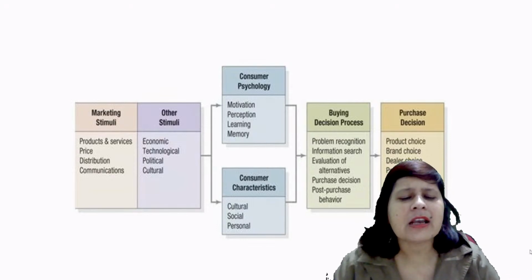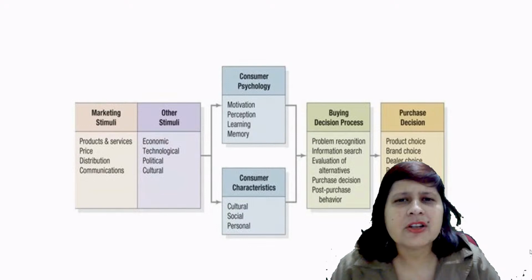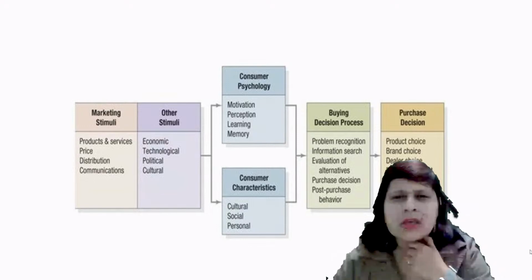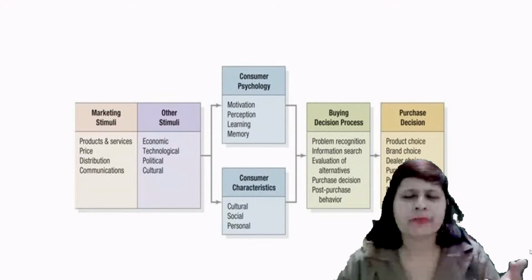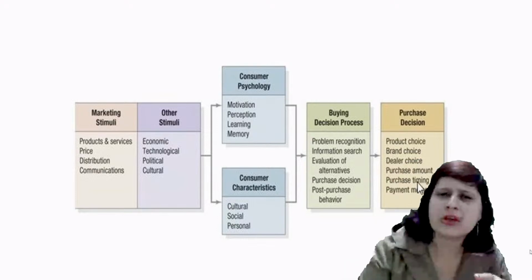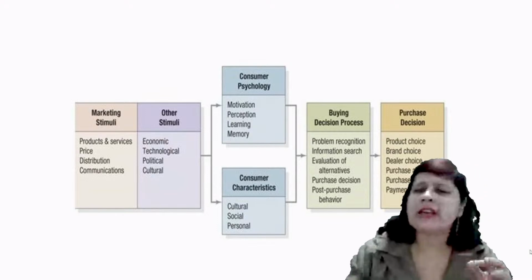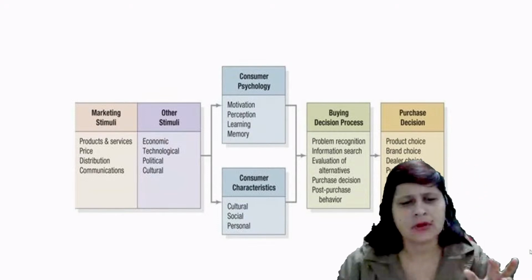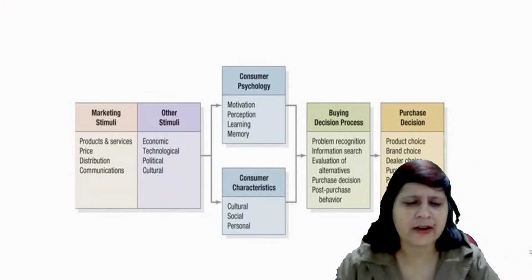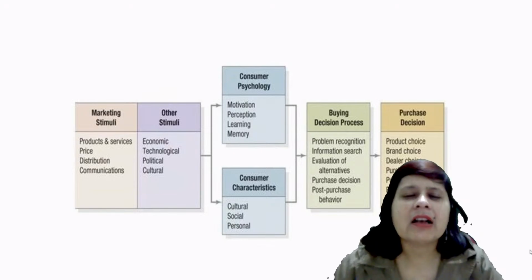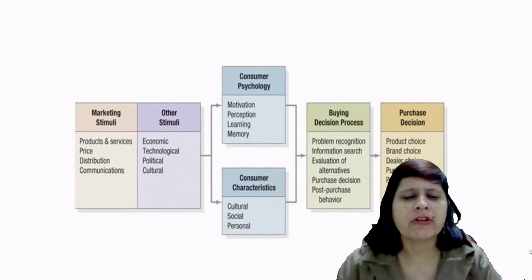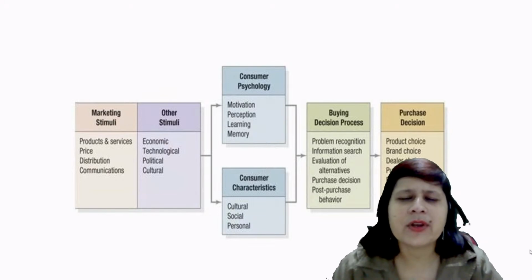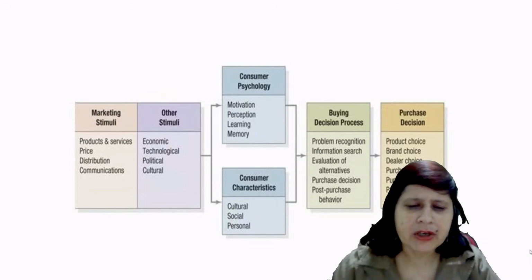Then technology plays an important role. Because of some technical advancement, you changed your product according to the technology. It can stimulate the user to purchase that, right? Political and cultural environment plays an important role. Culture plays a very important role, right?